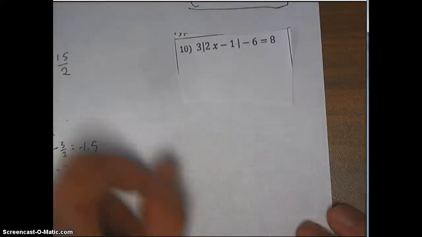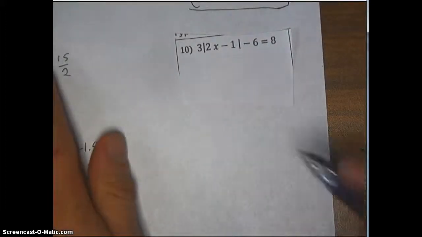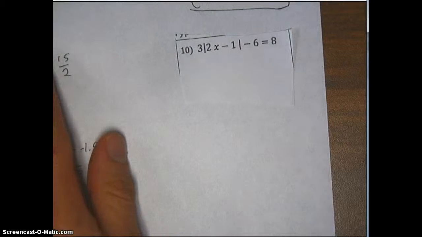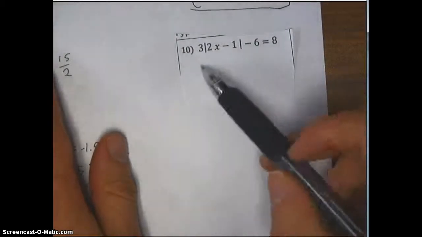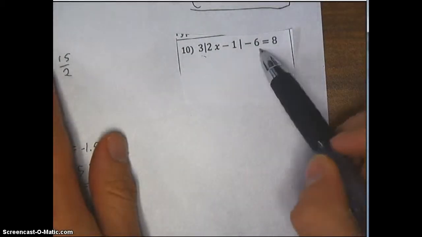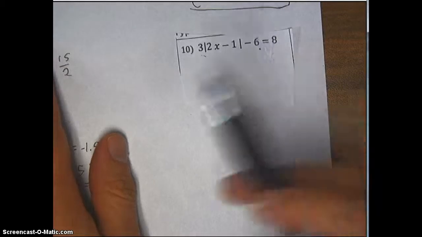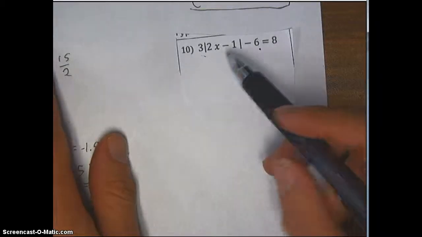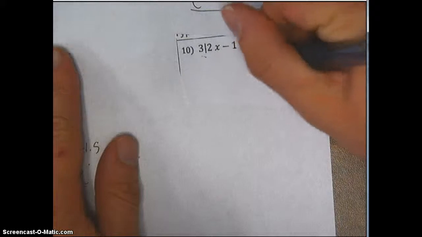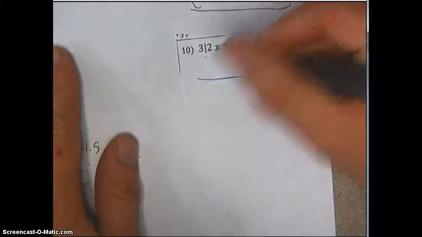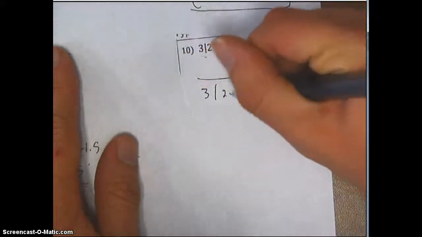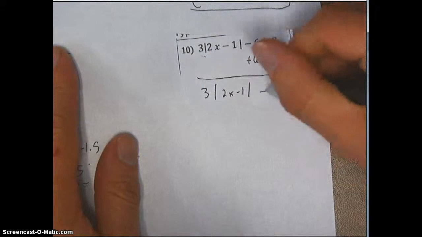Here's a fun looking one. Before we go ahead and make our two equations, we're going to want to get rid of this 3 and this 6. So there's some algebra we're going to want to do before we break it up into two equations. So the first thing I want to do is add 6 to both sides. That gives me 3 absolute value of 2x minus 1 equals 14.